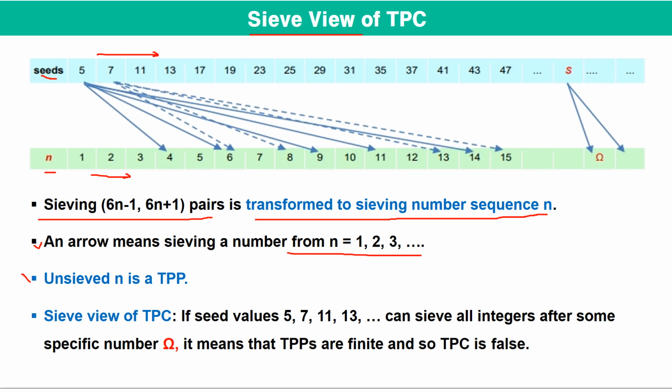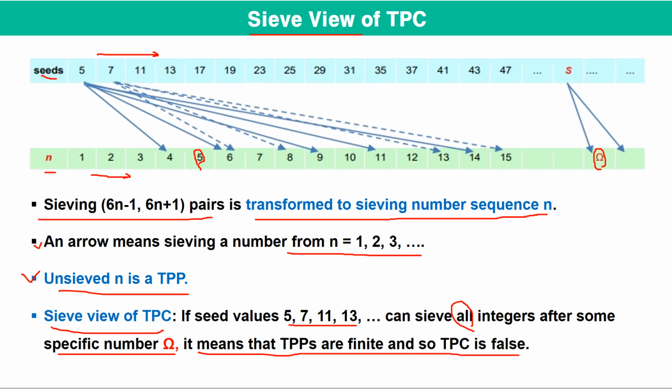An unsieved n is a TPP, like 5 here. The Sieve view of TP is: if seed values can sieve all integers after some specific number omega, it means that TPPs are finite and so TP is false.